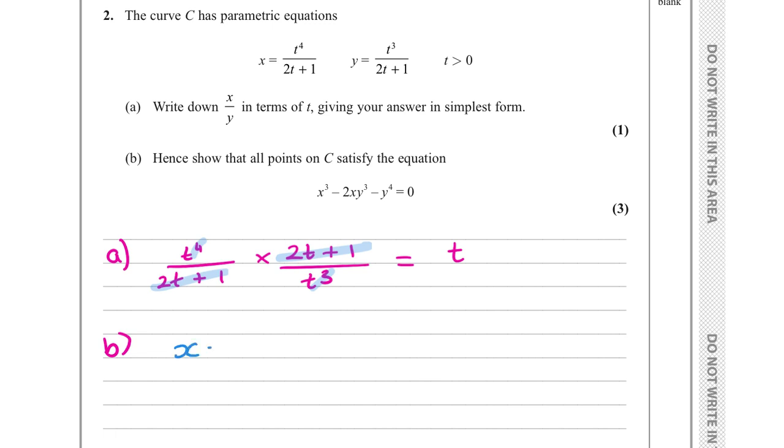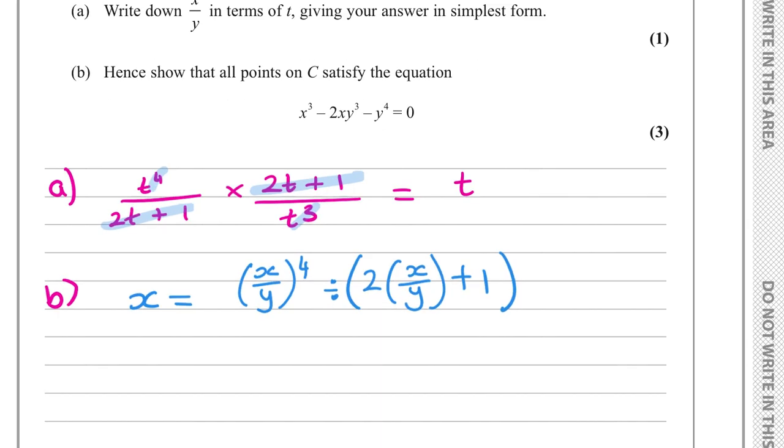So x equals t to the power of 4. We know that t is technically x over y, so it's (x over y) to the power of 4 divided by 2 lots of x over y plus 1. Now, it's very important, if you've written it this way like I have, make sure you get these brackets here.